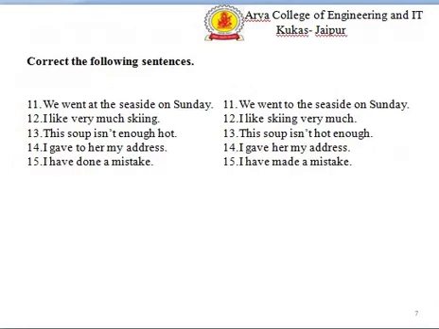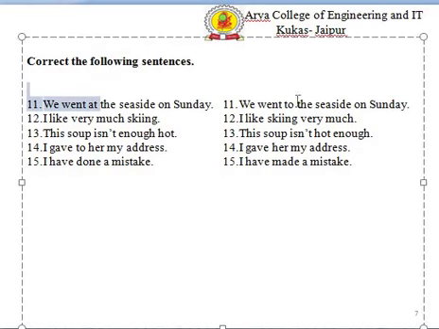So we move further. We went at seaside on Sunday. We went to the seaside. Direction, it needs a preposition here too. I like very much skiing. I like skiing very much. This is an adverb and it comes after so that it makes the sense.